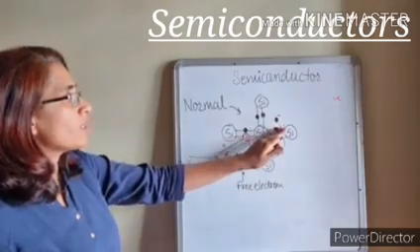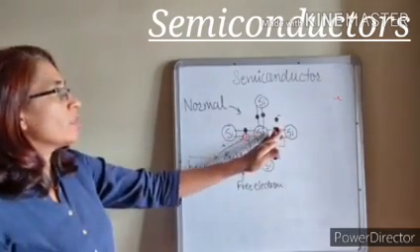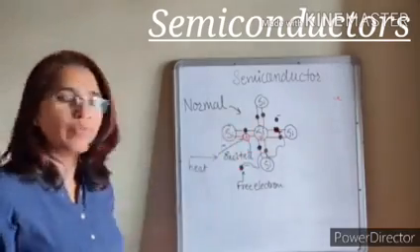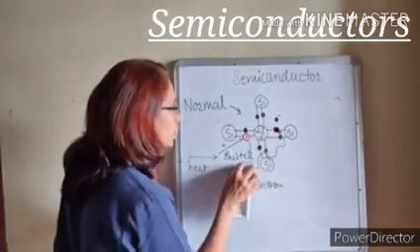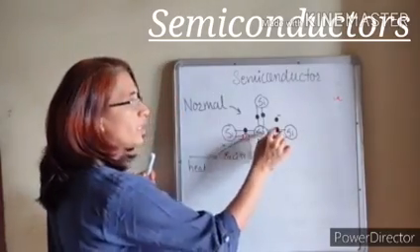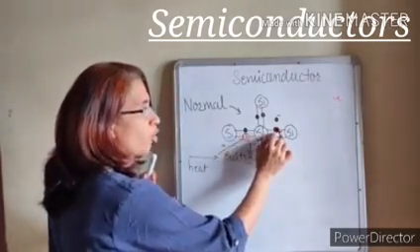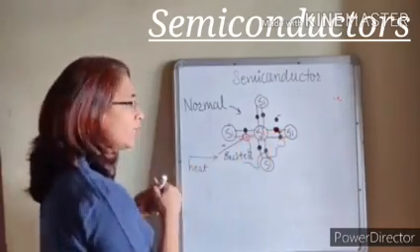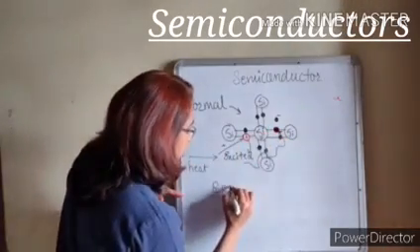This hole acquires the electron, and the place of the hole is replaced by the electron. This free electron is now acquired by the hole. The process of acquiring the electron by the hole is called recombination.